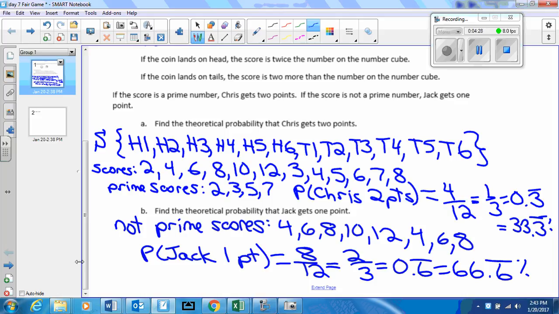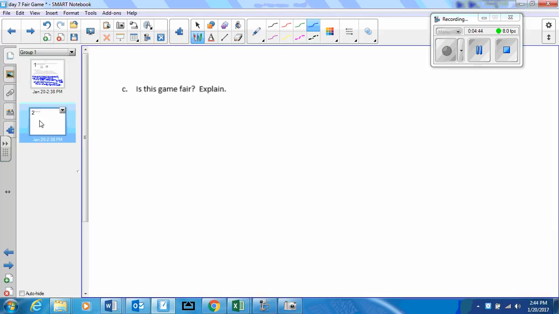So even though Jack will actually accumulate points more frequently, every time Chris gets a point, it's worth twice as much. So this game is actually fair. So it is a fair game.